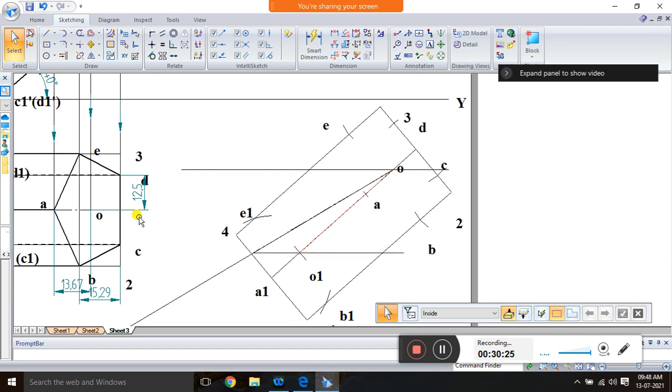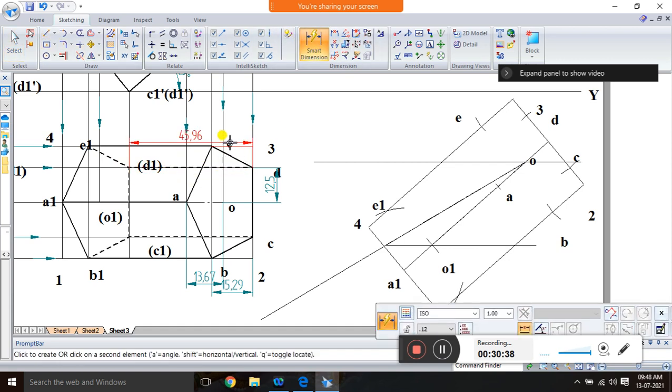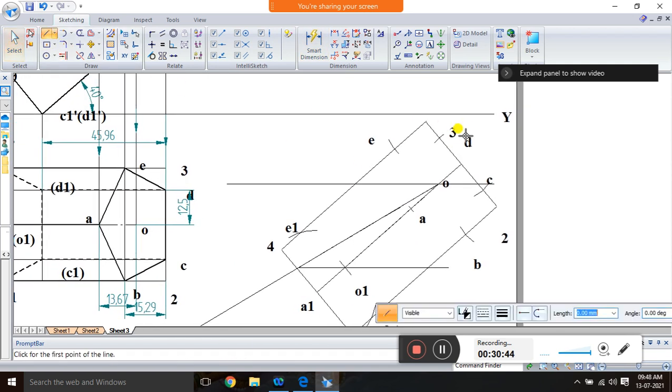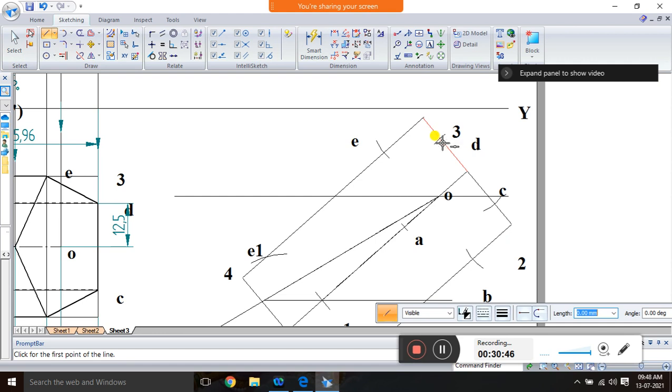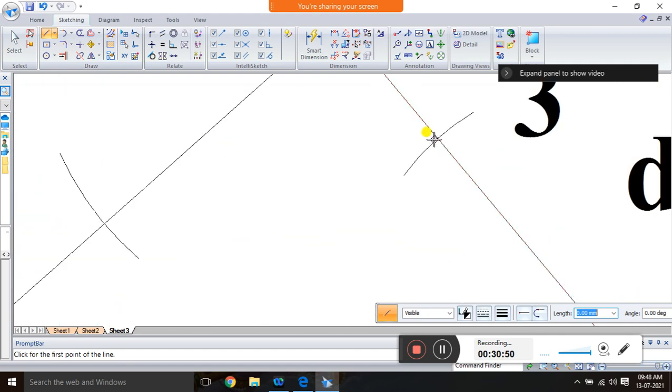Only thing I need is D1 and C1. So this distance from D to D1, you just measure the distance. Okay, so it is 45.96, and use this line command and place it exactly on the intersection.